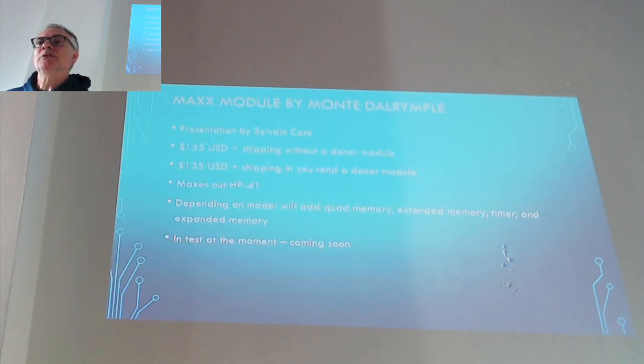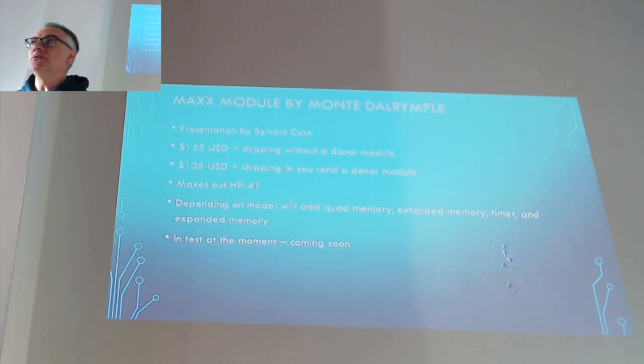Sylvan then talked about the Max module. This has been in development for a long time by Monty Dalrymple, who created the 41CL. He's a microprocessor designer. He has got into a single module the Max, and as its name suggests, what it basically does is max out a 41, any 41.